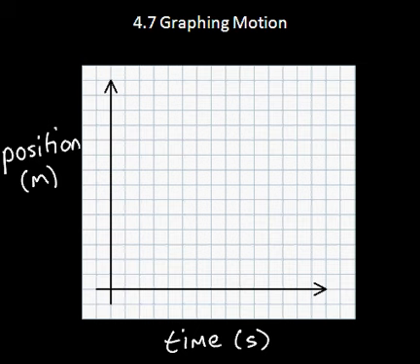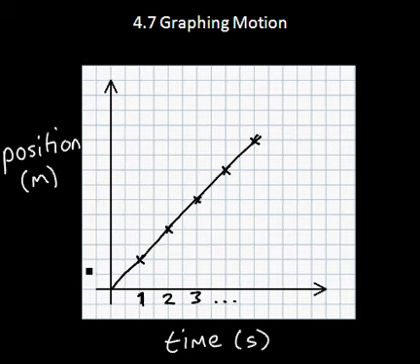If I plot some data, let's say like so, I have a series of points and they all run like that. I can draw a line through those points, and let's suppose that this is 1 second, 2 seconds, 3 seconds, and so on, and this is 1 meter, 2 meters, 3 meters, and so on.